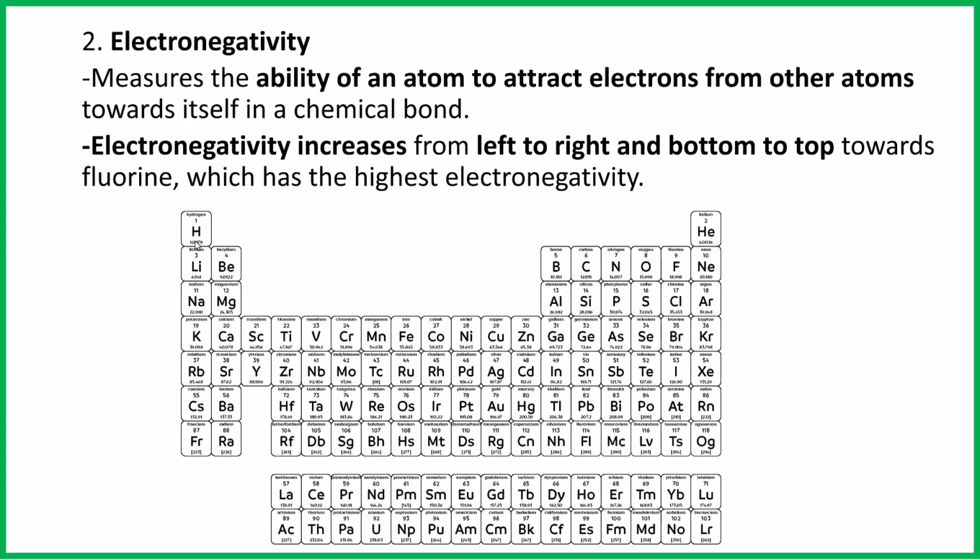And down a group, the electronegativity is decreasing because as the atomic radius is increasing, the valence electrons are further away. So these elements at the bottom that have a number of energy levels are experiencing a weaker attraction.